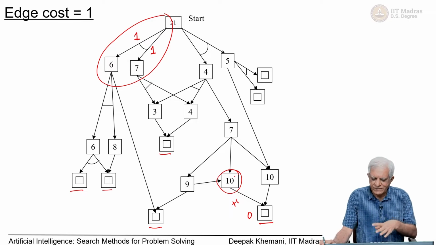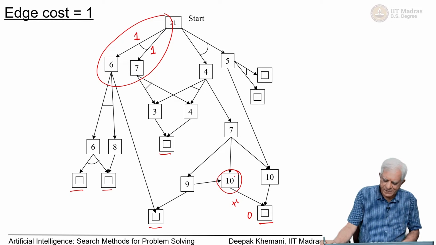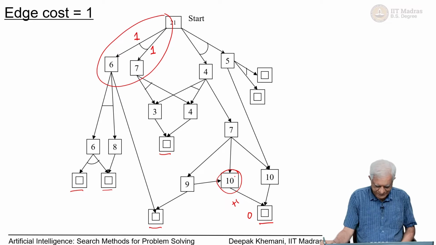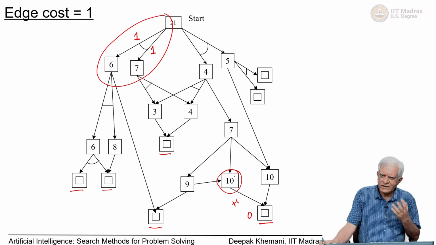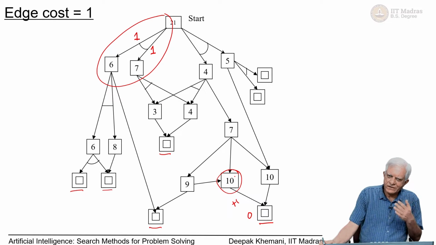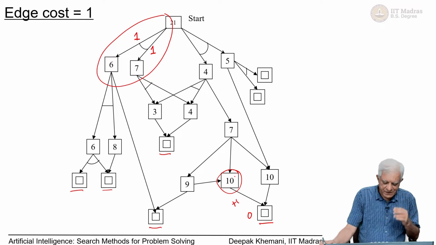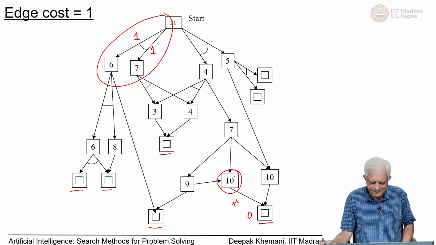So, you can see that these values are likely to overestimate the values of the actual solution, and we will also see that when you overestimate, you tend to terminate faster. Just like when we saw WA star, if we have a high value of W, it tends to terminate faster than A star, but it does not guarantee you the optimal solution.